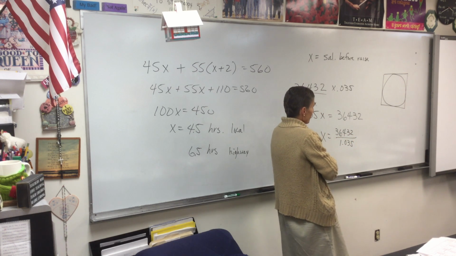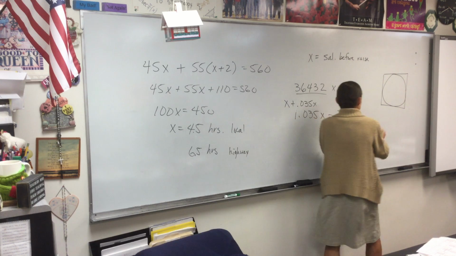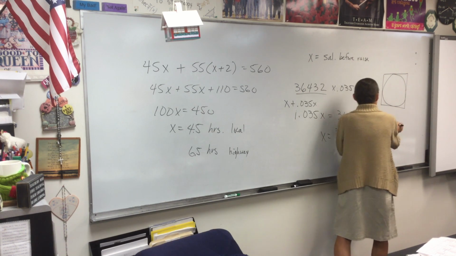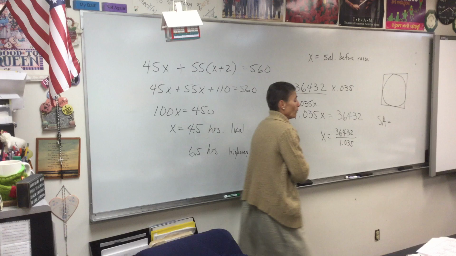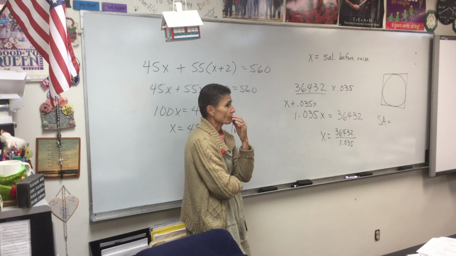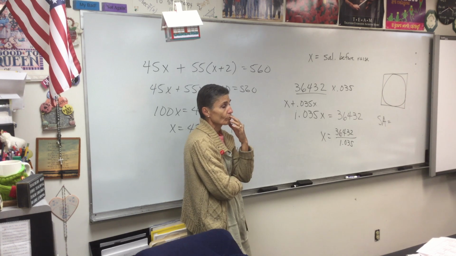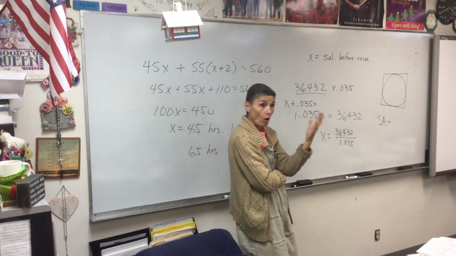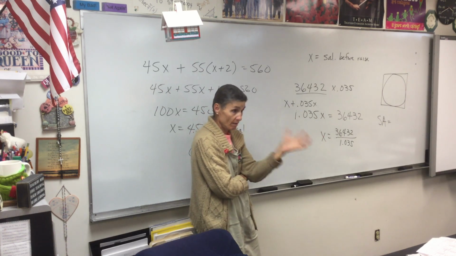Now our job is to find the surface area of the cube. What does that even mean? What do we mean by surface area? The outside area, the area of all the sides of the cube.